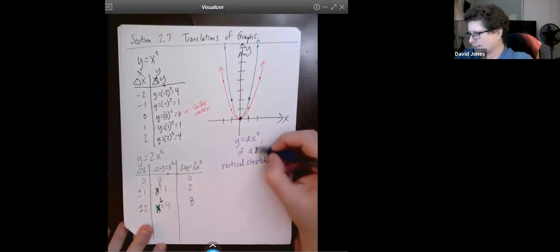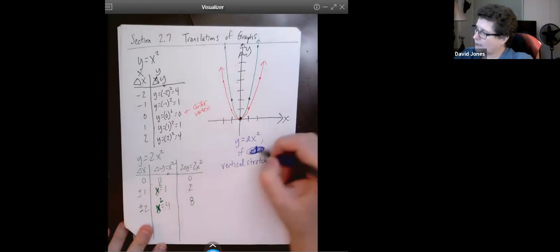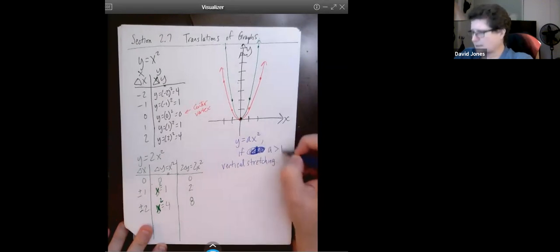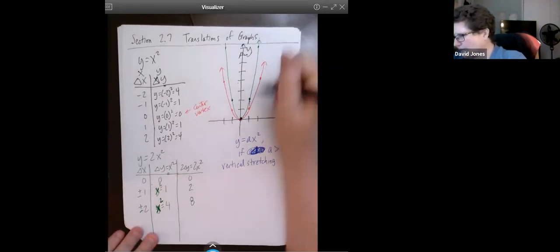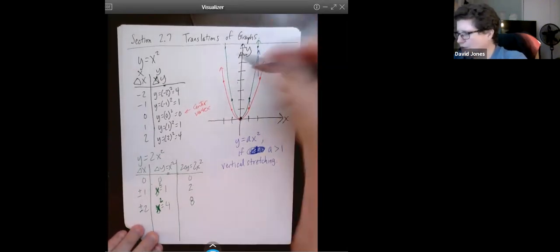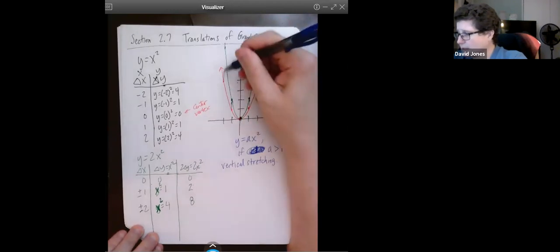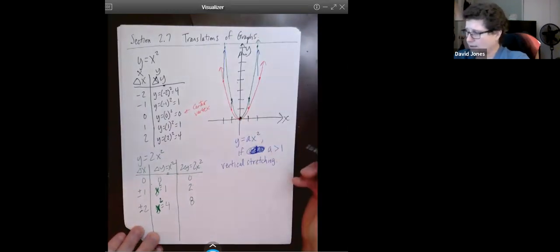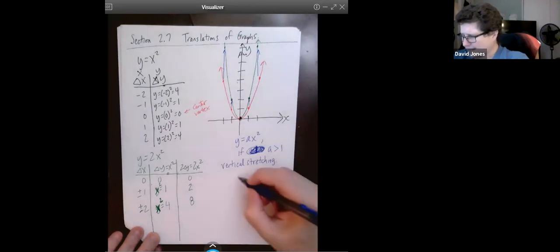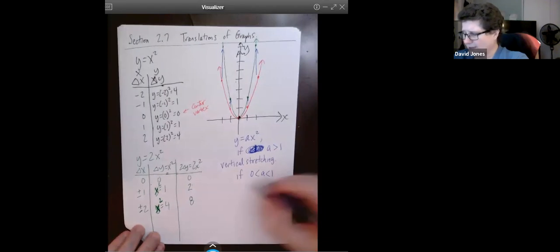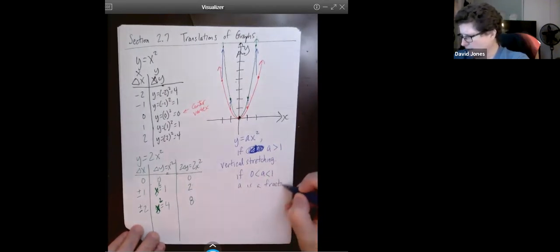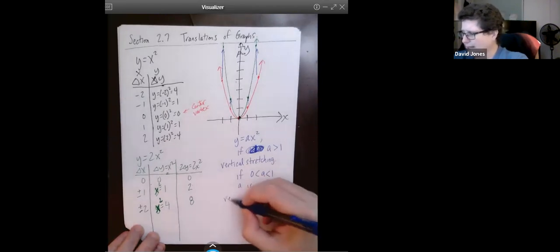Actually, let me change that. Let's say a is greater than 1. If a is greater than 1, it stretches upward. All the values, the y values, stretch upwards. Okay? If a is between 0 and 1, where a is a fraction, we have vertical shrinking.